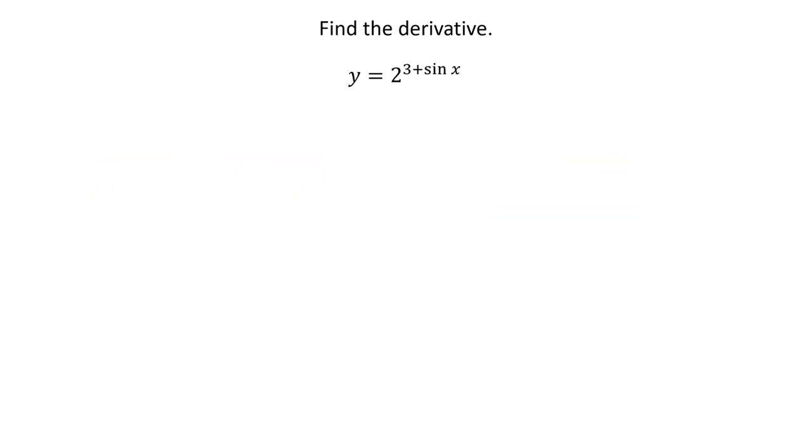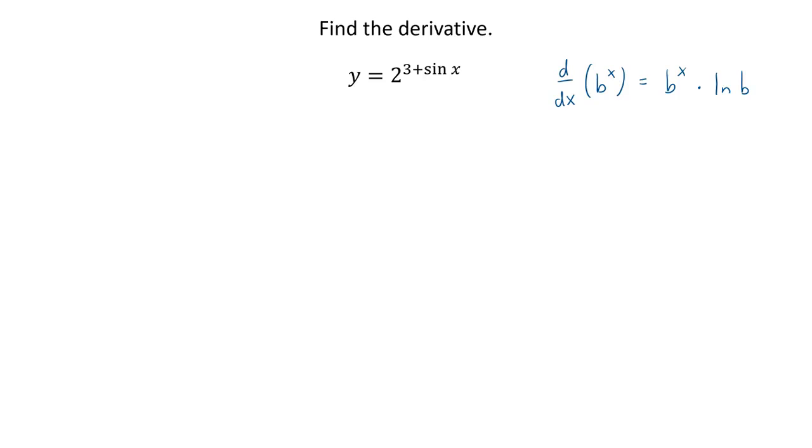In this example, we need to find the derivative of y equals 2 raised to the sum 3 plus sine x. And again, we'll use the derivative rule for the general exponential function. But notice that the general exponential function is a rule only for b raised to the x exponent, not b raised to a function of x.